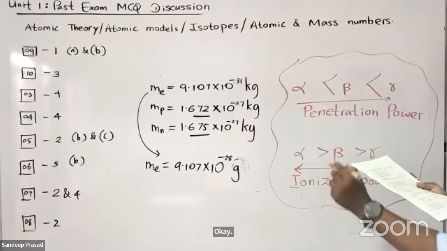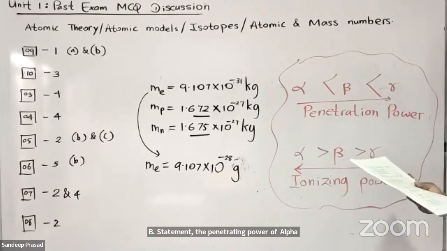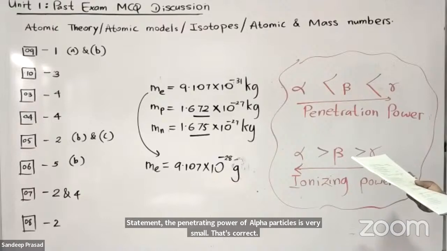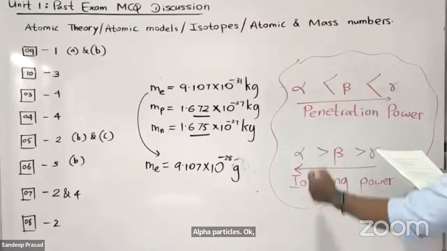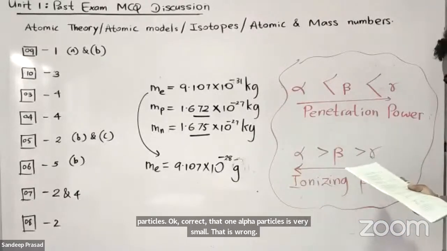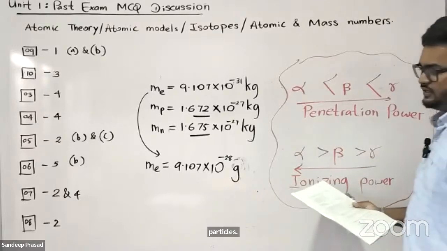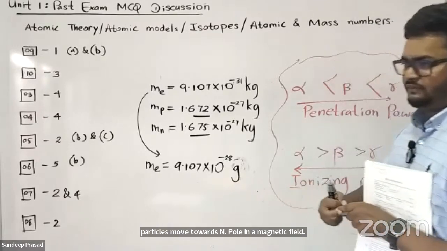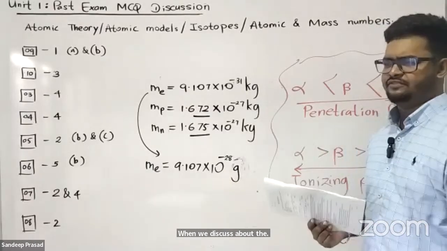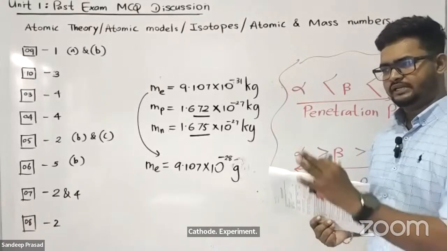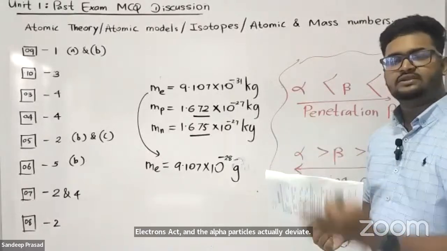According to that, statement B, the penetrating power of alpha particles is very small, is correct. Statement C, the ionization power of alpha particles is very small, is wrong, right? Ionization power is actually greatest in alpha particles. Statement D, alpha particles move towards the north pole in a magnetic field. I told you when we discussed the cathode ray experiment that in an electric field or a magnetic field, electrons and alpha particles deviate, but gamma particles do not deviate.